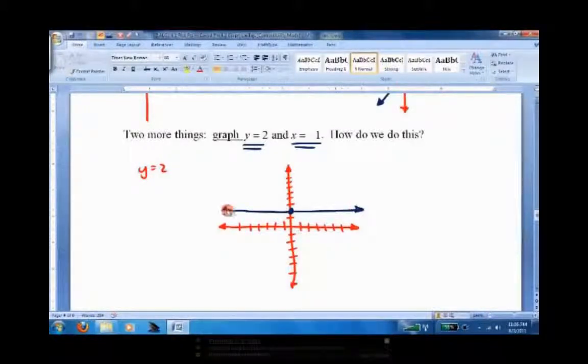This is the point 0, 2. Let's go out here. This is the point 5, 2. This is the point negative 3, 2. Notice it's always 2. So y equals 2 is a horizontal line.